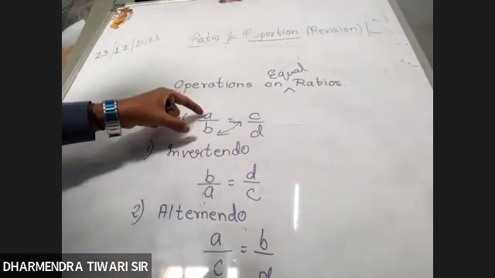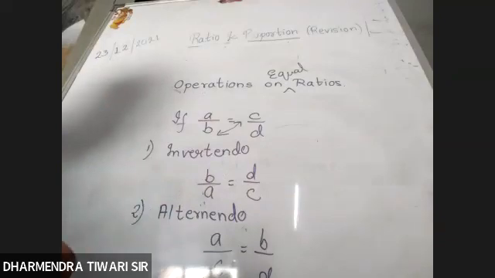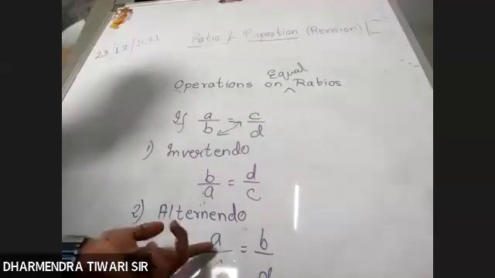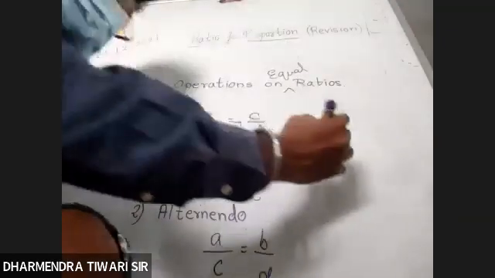Earlier I had A by B is equal to C by D, but after applying alternando, I have written A by C equal to B by D. I will take some examples.